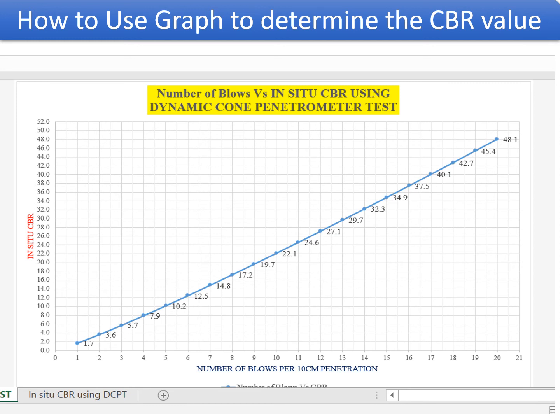These n values can be further increased if required for a particular site, but from a user perspective, generally we look for a CBR of maximum 40 in the field, and soils commonly have a CBR in the range of 40 to 50. So that is the reason why this sheet is developed up to an n value of 20 only.